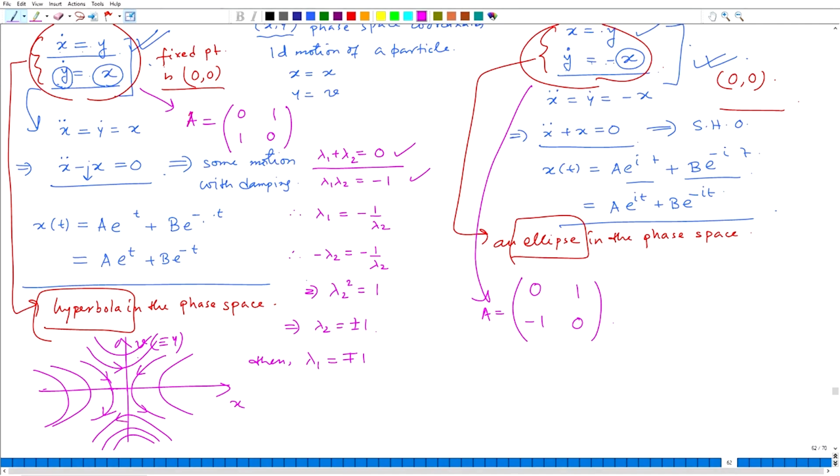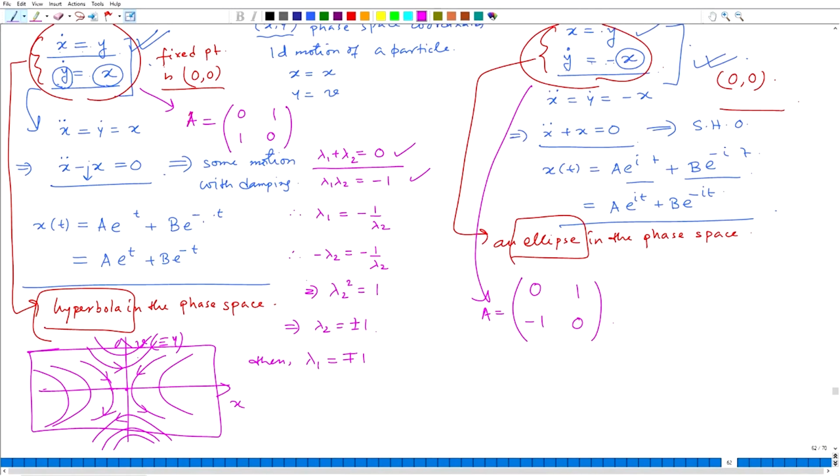So, here you can also show that for this hyperbola, in one direction you can have an attractor type of behavior, and for the other direction you will have a repeller type of behavior, and how it comes about I leave to you to decide.